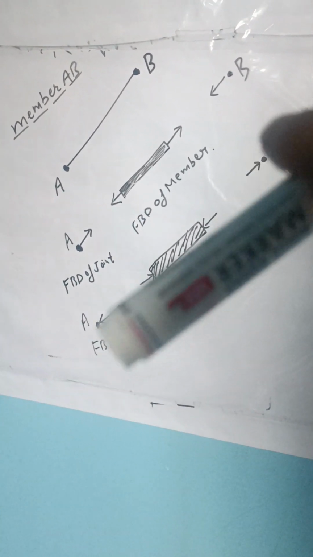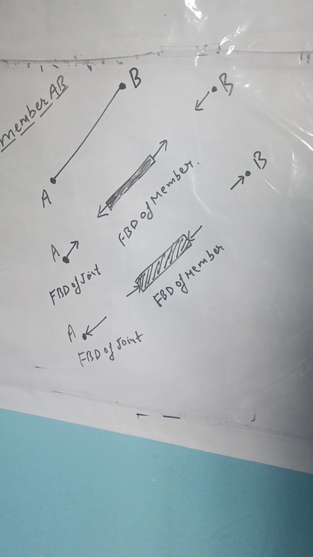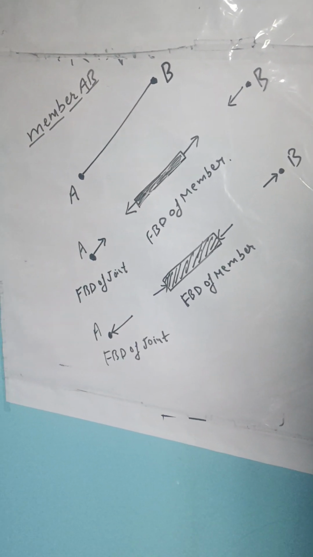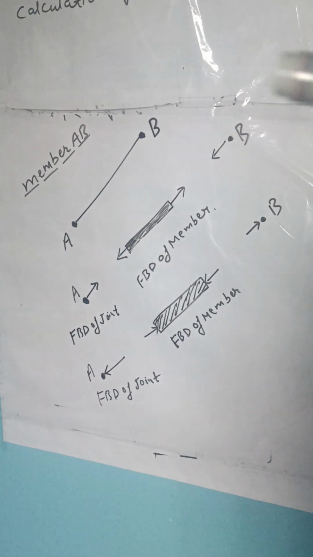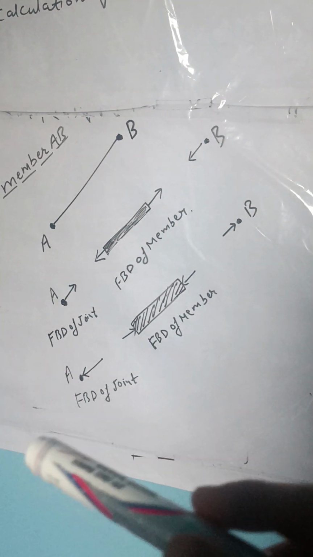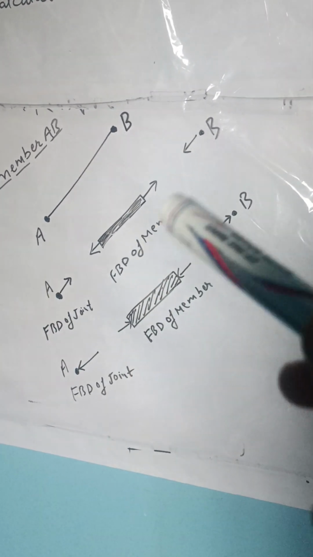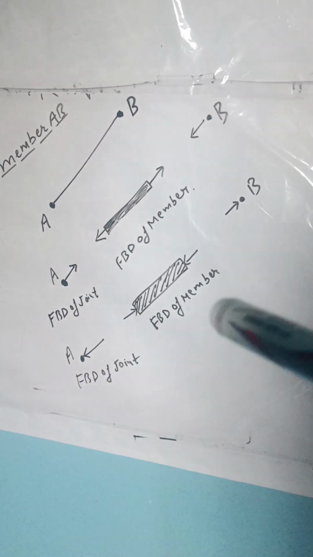If the force is coming toward the joint by the method of joints force calculation approach, then it means that the member is in compression, because Newton's action-reaction law is applied here, and the concept is why if the force is away from the joint, the member is in tension, and why if the force is towards the joint, the member is in compression.